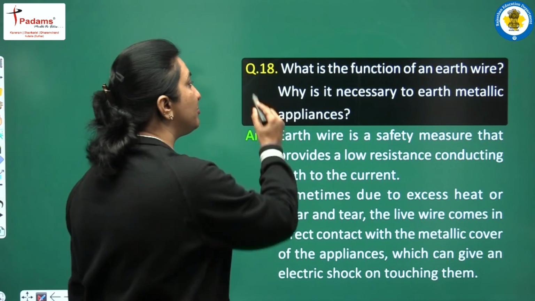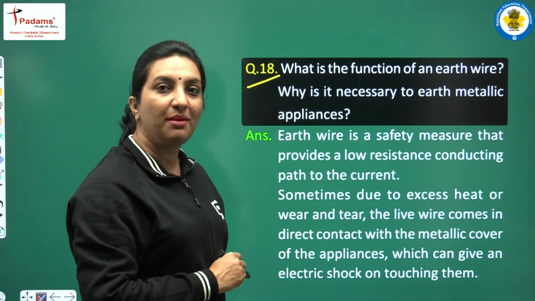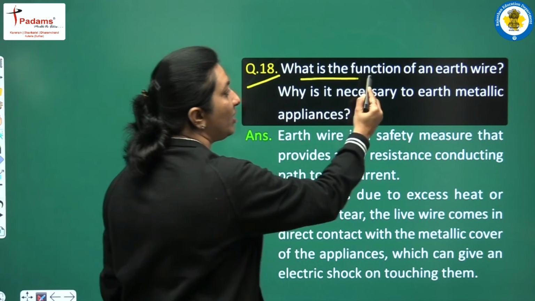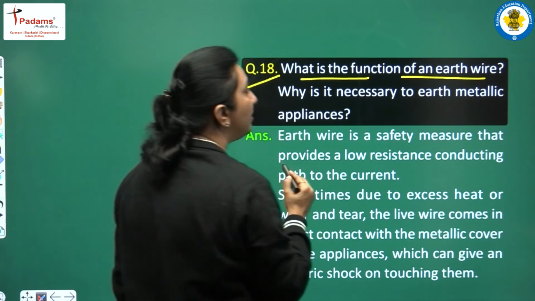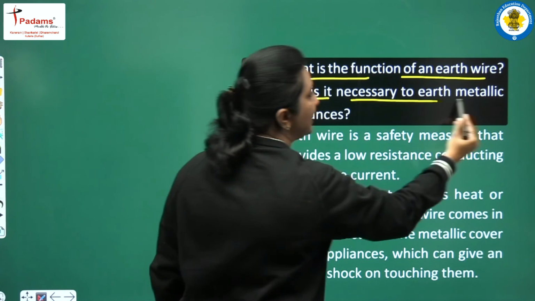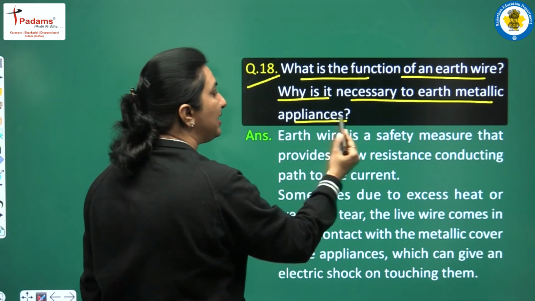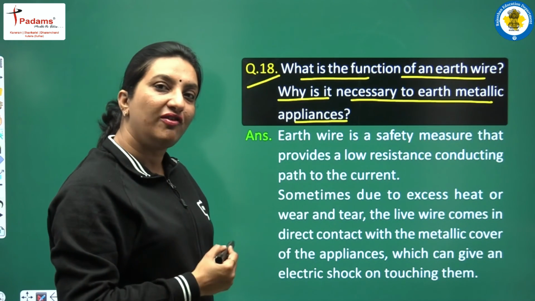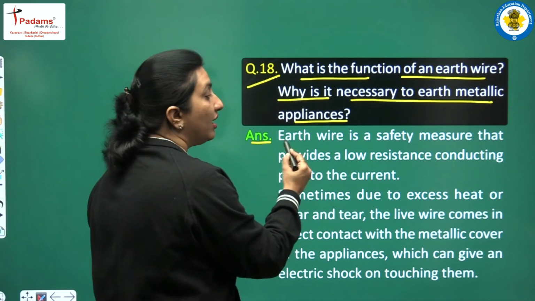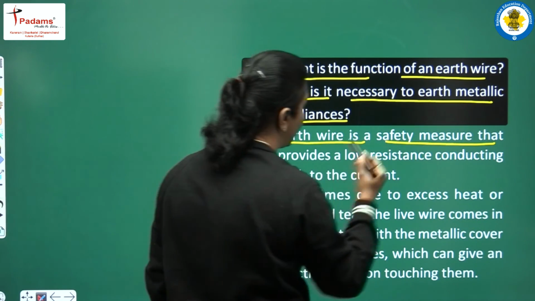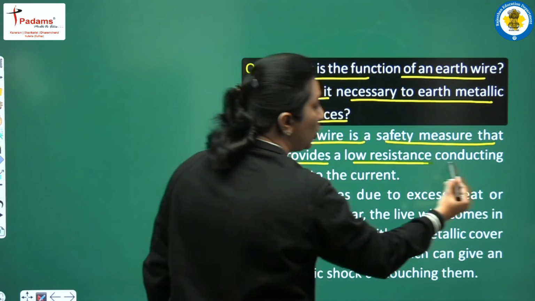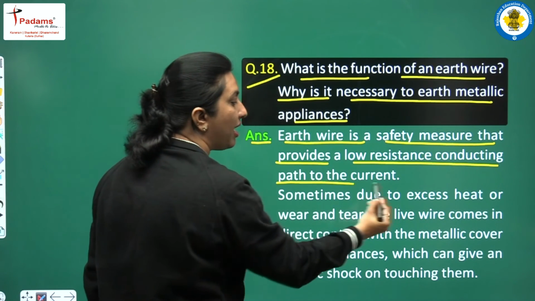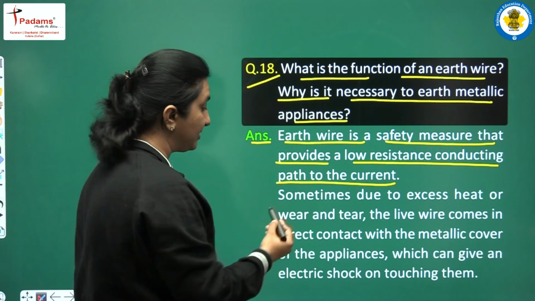Now, students, let us move to the next question. Question number 18. What is the function of an earth wire? Why is it necessary to earth metallic appliances? So, we will write the answer like this, students. Earth wire is a safety measure that provides a low resistance conducting path to the current.